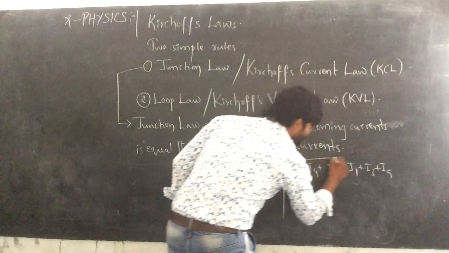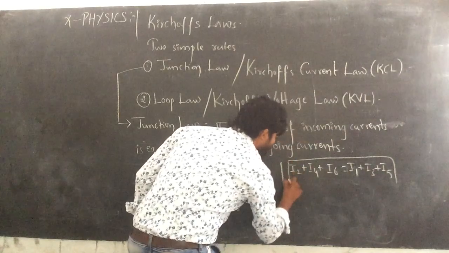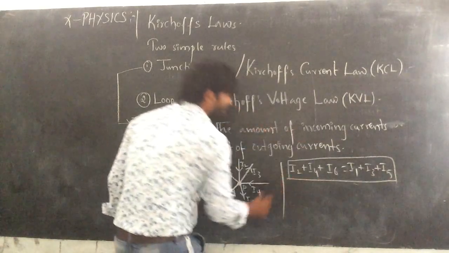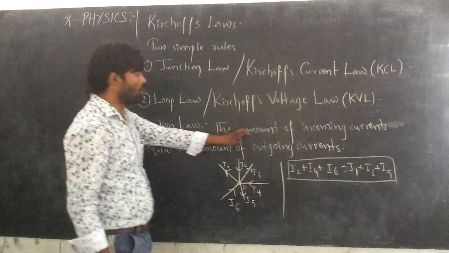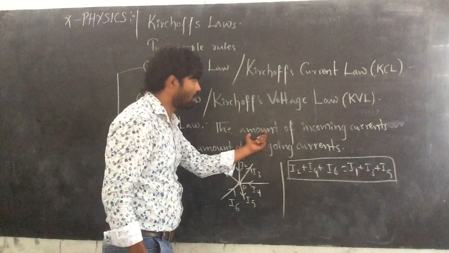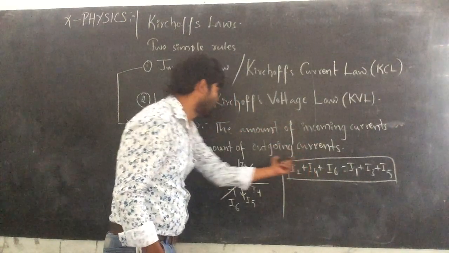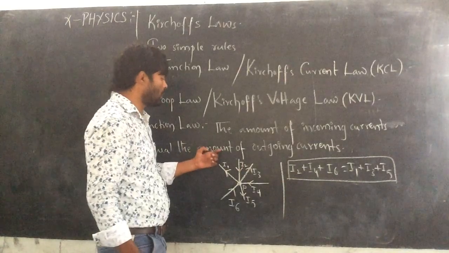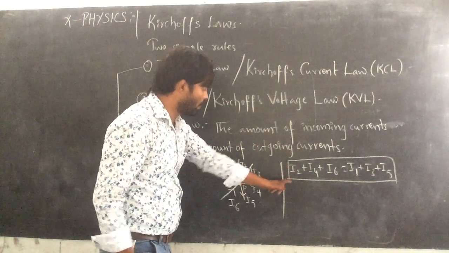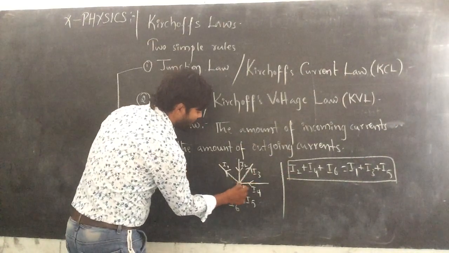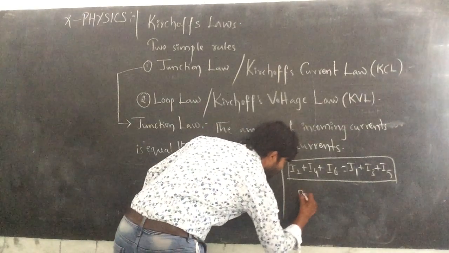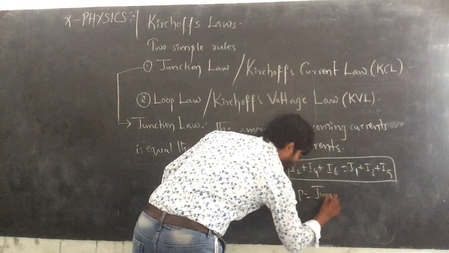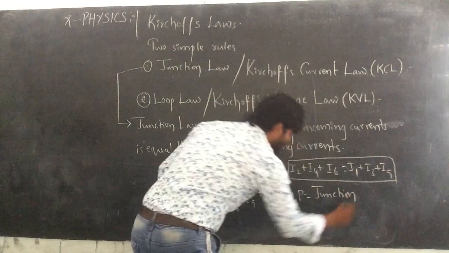So this is Kirchhoff's junction law: the total sum of incoming currents is equal to the outgoing currents, where P is called the junction.